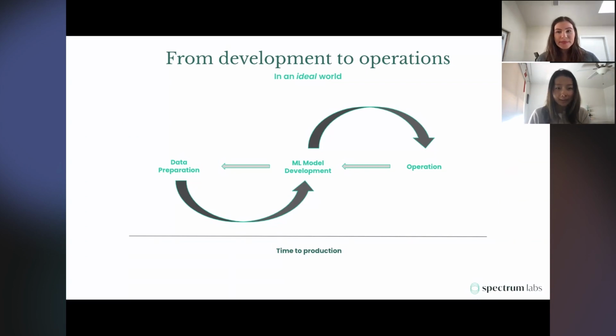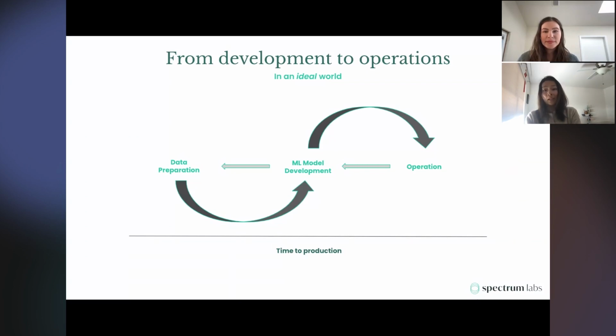So taking a step back, in the ideal world, once we have the data prepped and vetted, we want to directly use it in the ML model development process, which will be streamlined into operation and directly used by our clients, and we can monitor them. And then the operation side can give immediate feedback to the model development part so that we know if there are things that we need to tweak for the models.